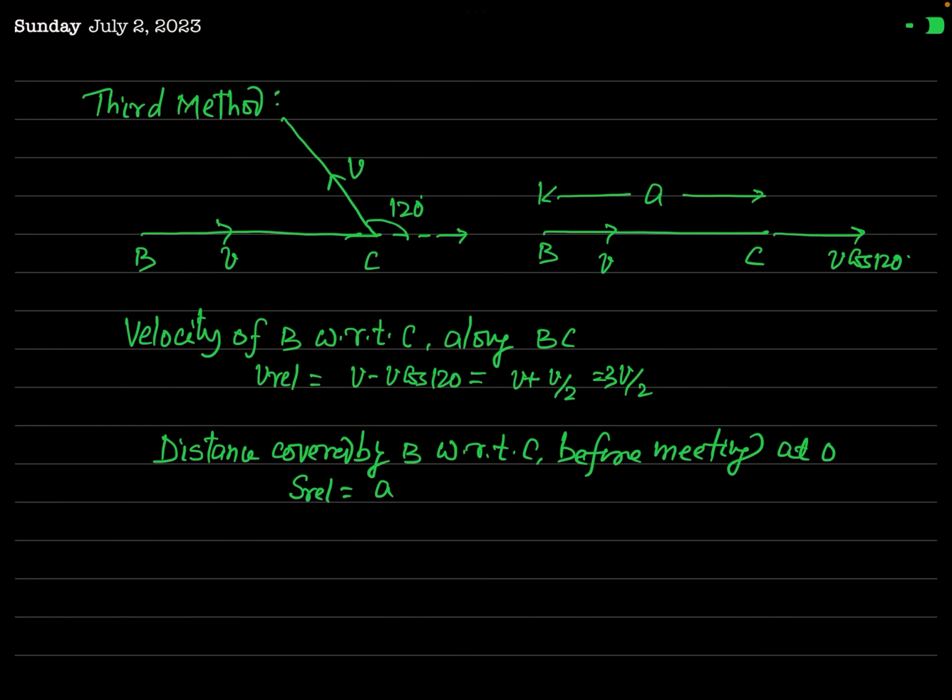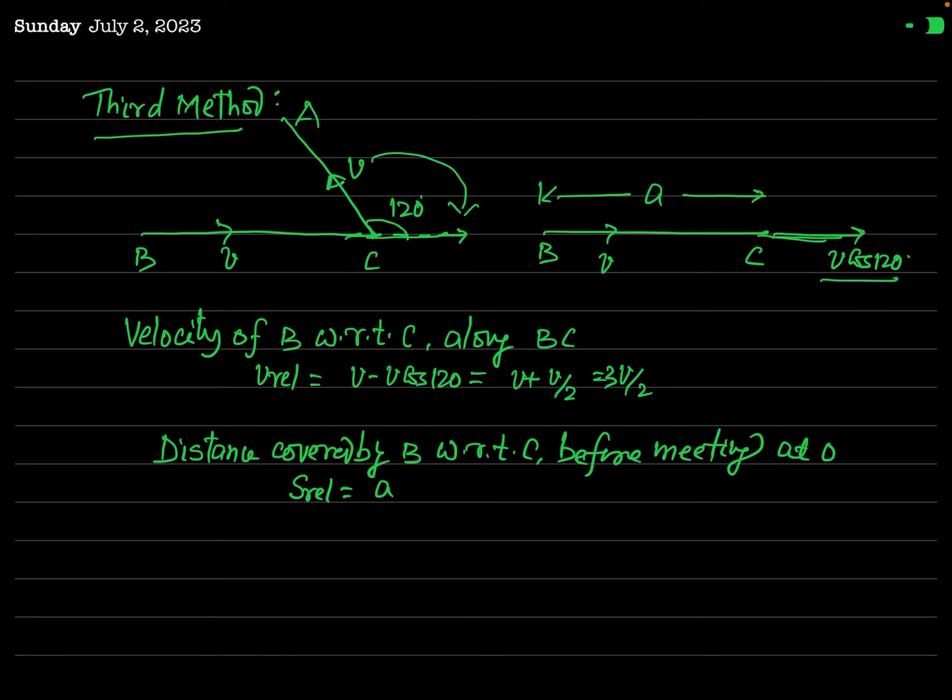Now the same problem may be thought of in a third manner. You can think that particle C, which is moving with velocity V directed towards A, is moving in the direction of BC with velocity V cos 120. We simply take the component of velocity V of particle C along BC, and that will be V cos 120.